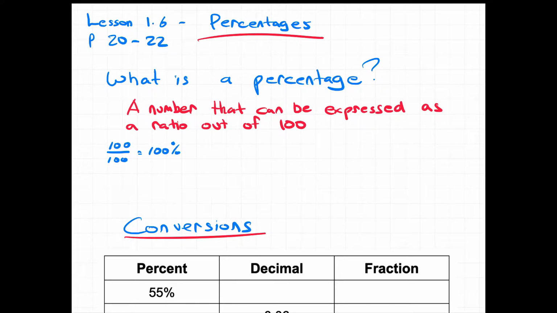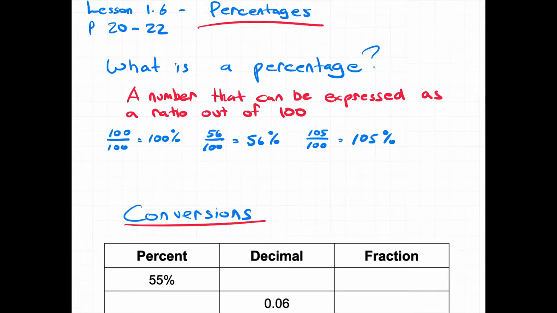Now if you wrote the same test and got 56 out of 100, you're going to have 56%. And if there happened to be a bonus question at the end and you ended up with a score of 105 out of 100, you can actually have greater than 100%. You would have 105%.